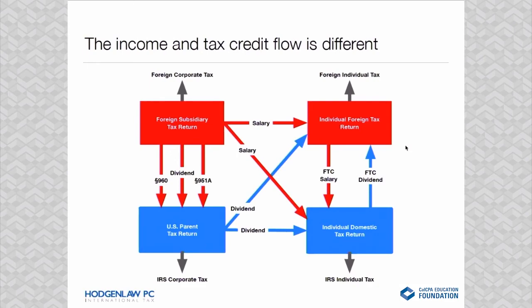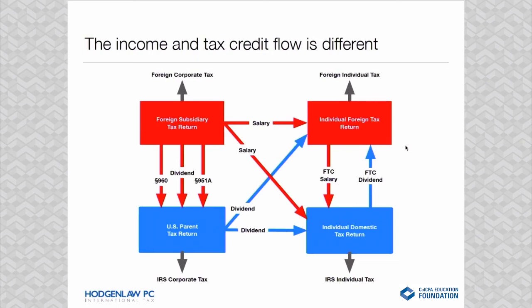Somebody's got to give a foreign tax credit. Well, who's it going to be? Well, it ain't going to be Uncle Sam, because Uncle Sam doesn't give you a foreign tax credit for foreign taxes paid on dividends from domestic corporations. But I'm going to assume that the foreign country has kind of the mirror image of our foreign tax credit rules, which say that if you paid foreign tax in another country on this thing, we'll give you a tax credit.